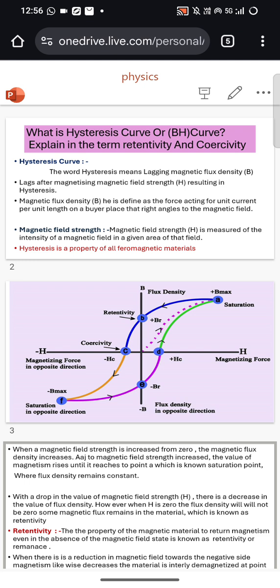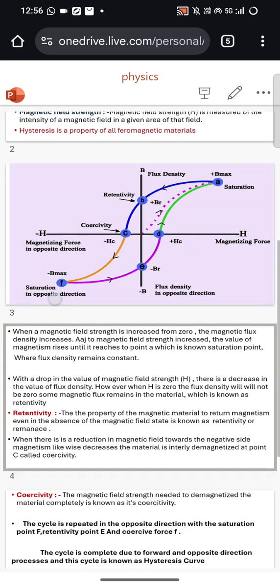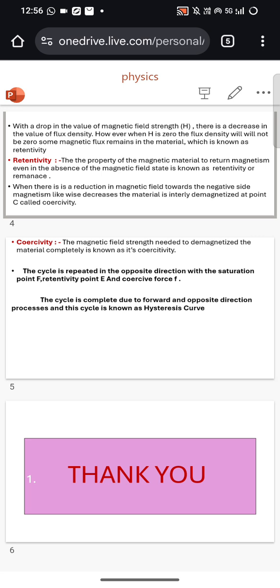B point is denoted by retentivity and coercivity is denoted by the letter C. E point is denoted by minus Br. H is magnetizing force. The cycle is complete due to the forward and opposite direction process, and this cycle is known as the hysteresis curve.